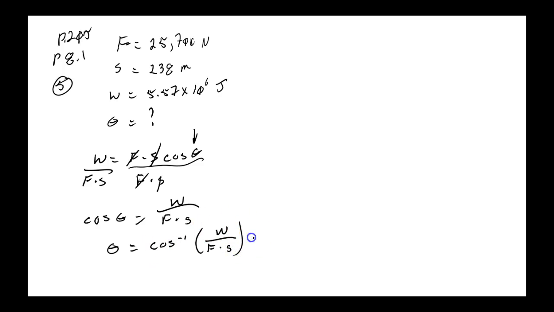Okay. Now let me plug in the values. So this is inverse cosine of 5.57 times 10 to the 6th. Now what is a joule?